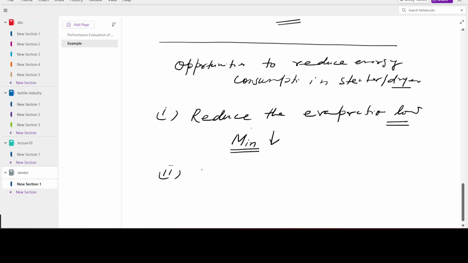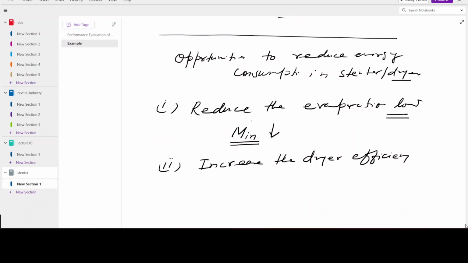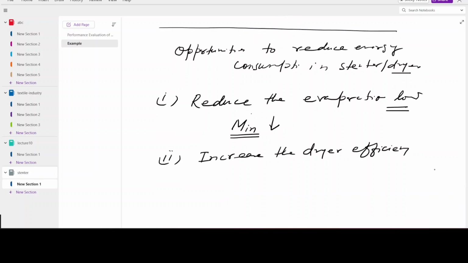Second method may be to increase the dryer efficiency. We have just found out that for this case the dryer efficiency has come out to be 50%. How can we improve dryer efficiency?